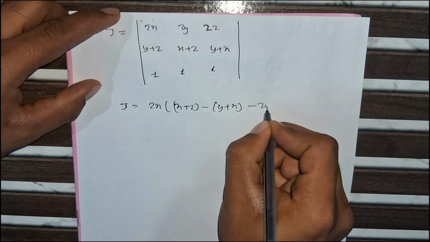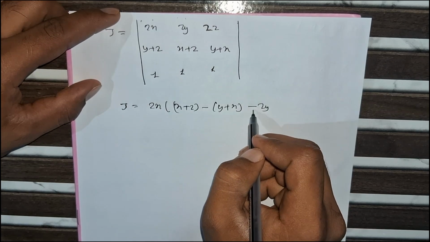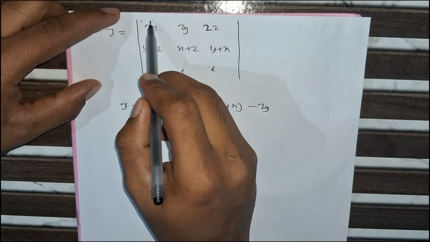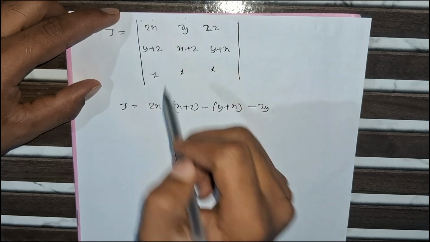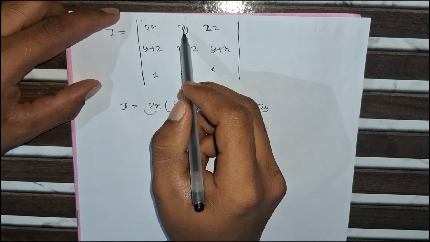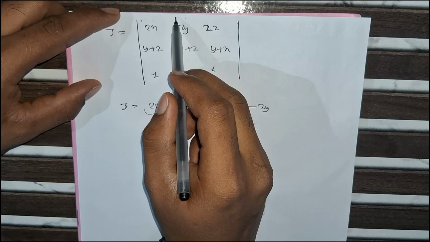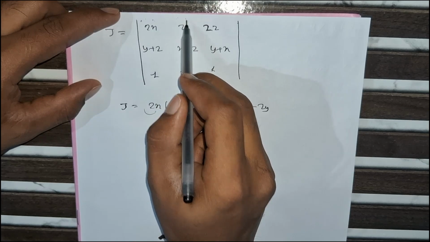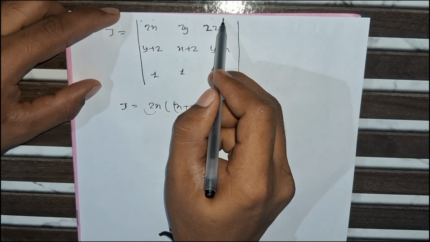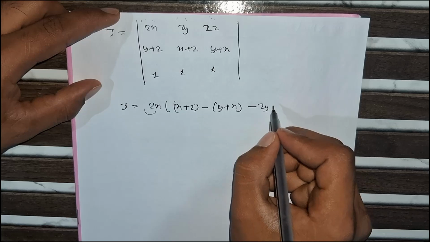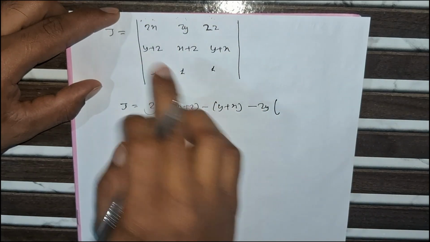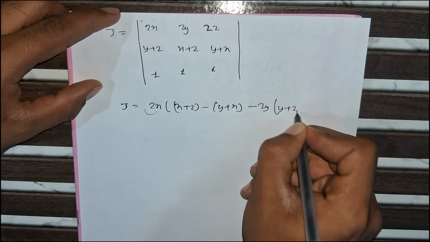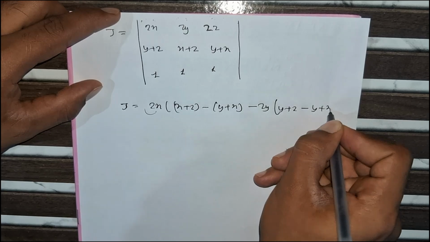So minus 2y. Why does the minus come for y? Because this is first row first column, 1 plus 1 equals 2, which is even, so plus is there, that's why we take 2x. Why do we take minus 2y? Because it is first row and second column, so 1 plus 2 equals 3, which is odd, so that's why we take negative. So minus 2y, hiding this row and column, 1 into y plus z minus 1 into y plus x.